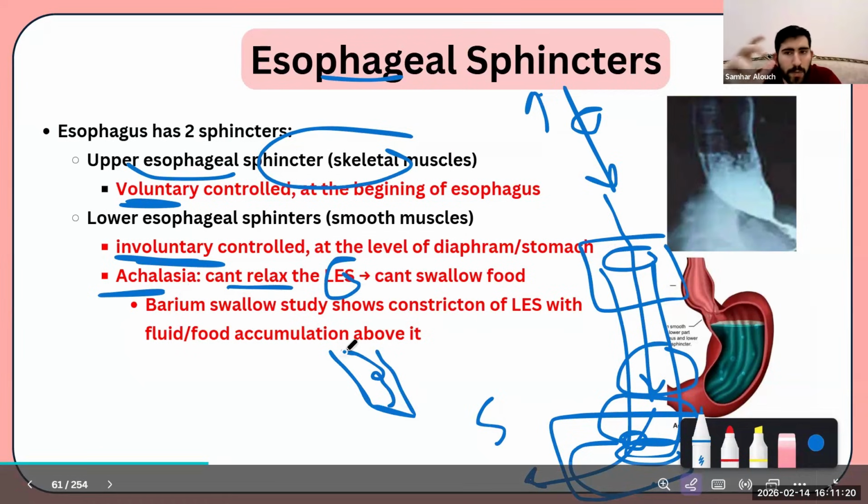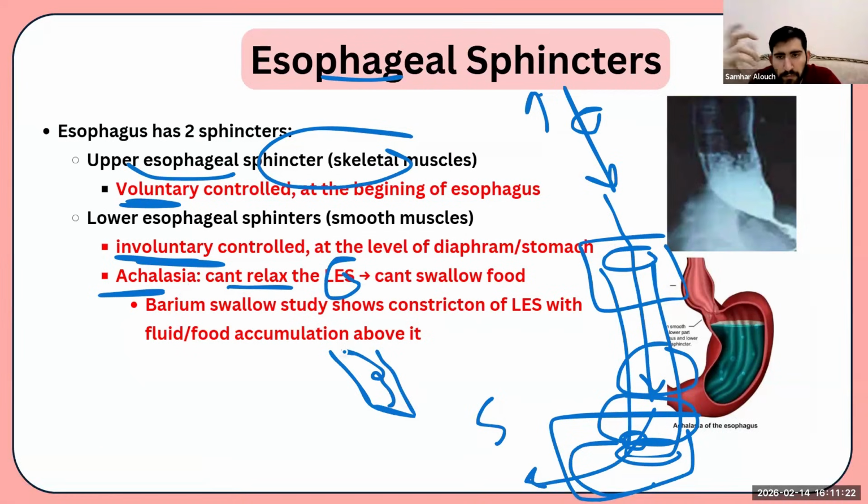We do something called a barium swallow where they drink barium, which is a white substance, and we take an image. If we see this sign, which is called the bird beak sign, it is confirmatory of achalasia. As you can see here, this is the esophagus, and here is the lower esophageal sphincter, and it's very, very constricted, not allowing food to enter, so it will accumulate, and this is achalasia.